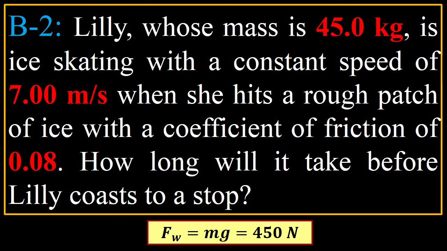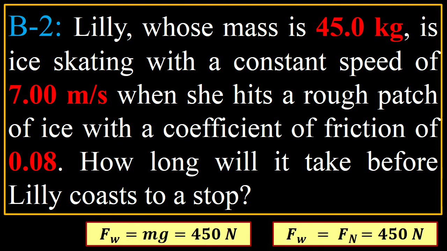So we want a time. What I'm going to do is I want to know what her weight is, and that's mg, that's 450. It's horizontal. She's not skating up or downhill. So Fw is going to equal Fn. Now with Fn, I can find the friction. Now, think about this.